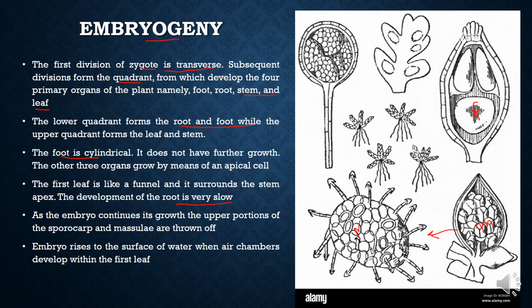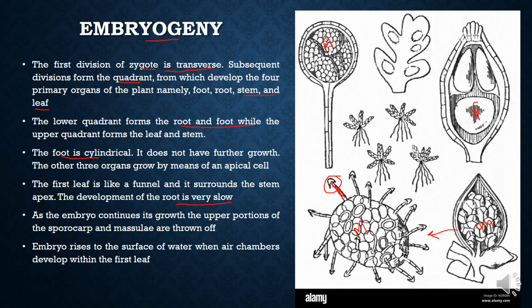And this is the massula, which contains the spores entangled in this type of glochidia. This is the glochidia. So this entire massula contains the spores, and all the spores germinate, produce the gametophyte, and ultimately produce the sperm while still inside the massula.